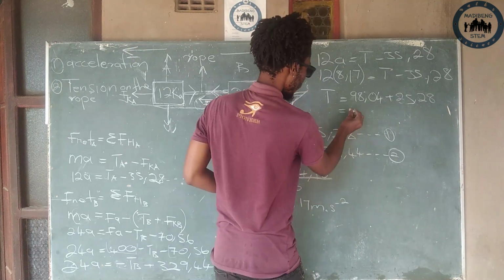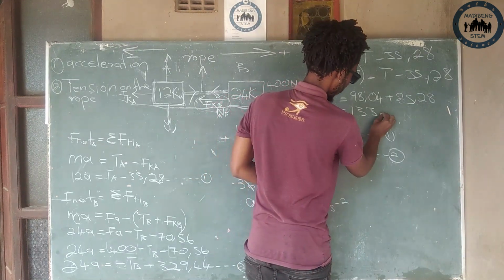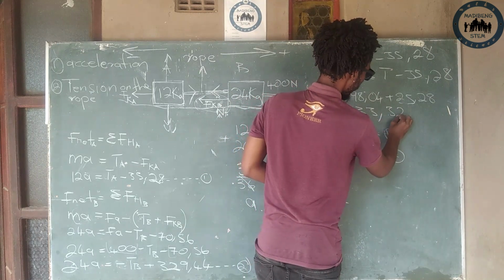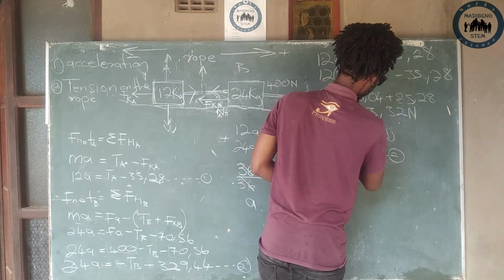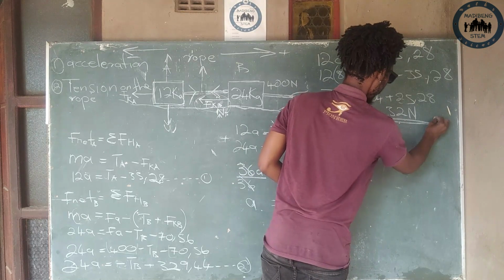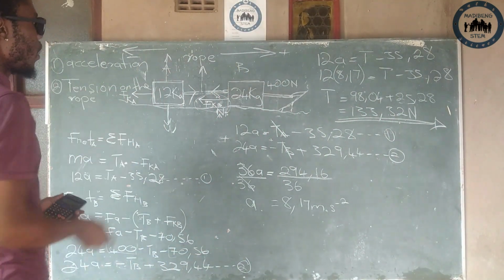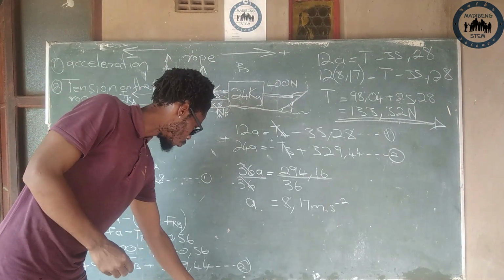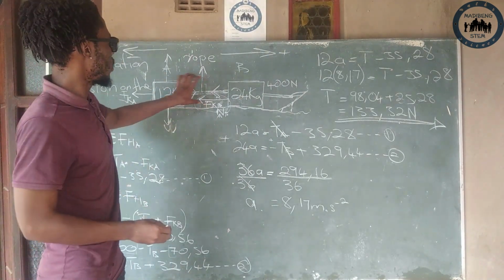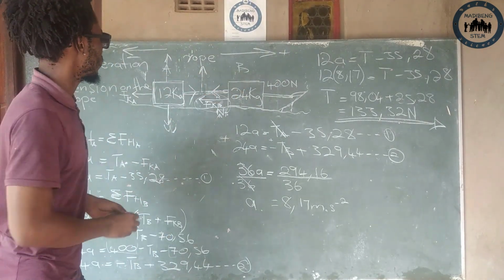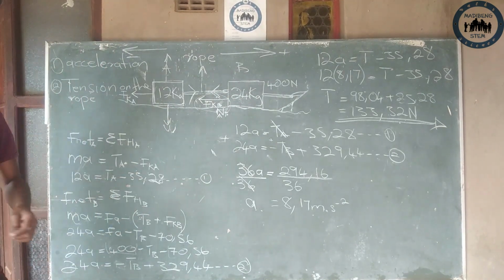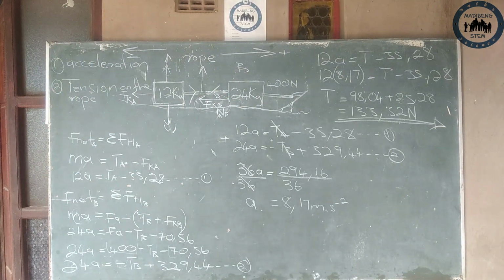It gives us 133.32 newtons. This is our final answer. This is the tension that is experienced by this rope between these two blocks. It's 133.32. That is our final answer.